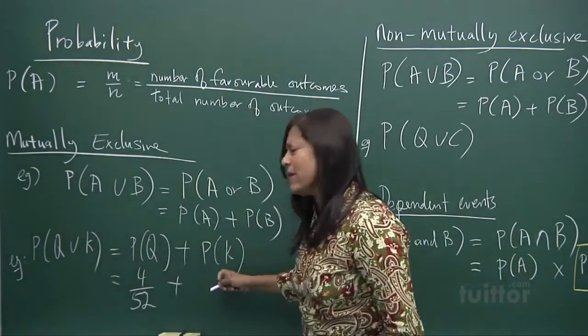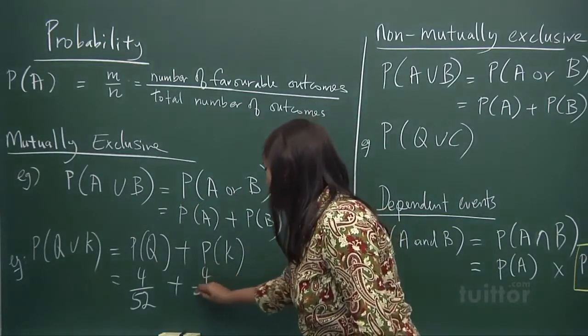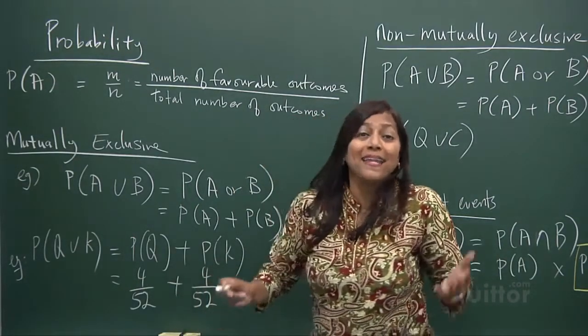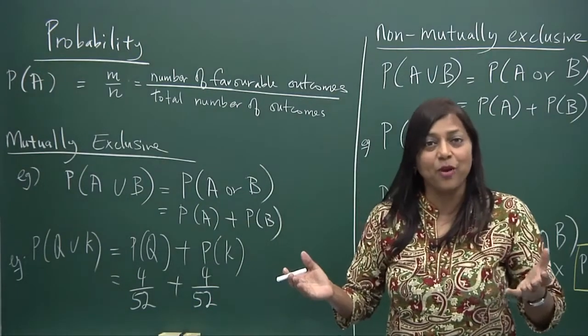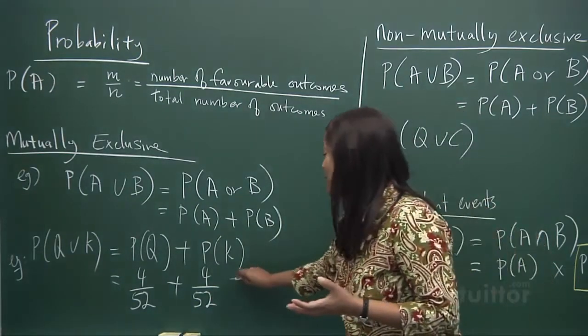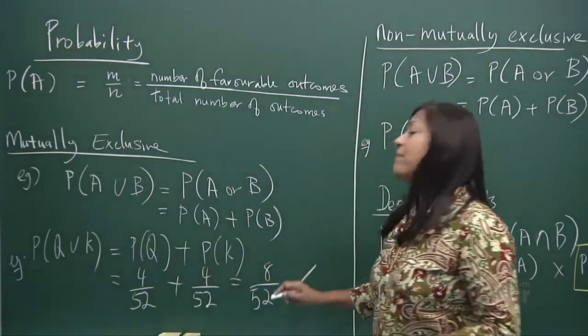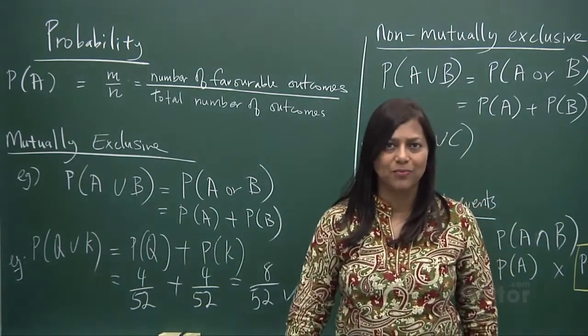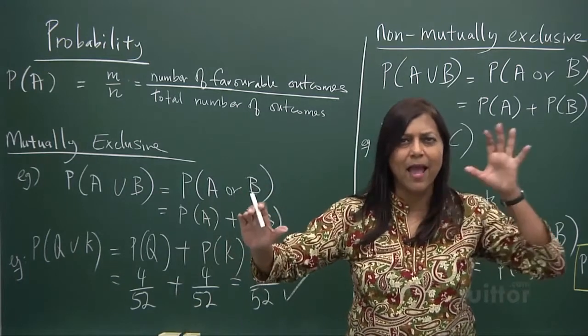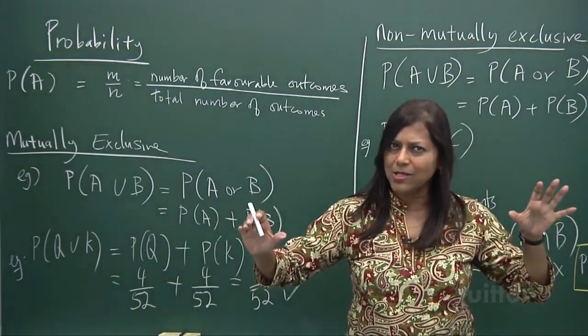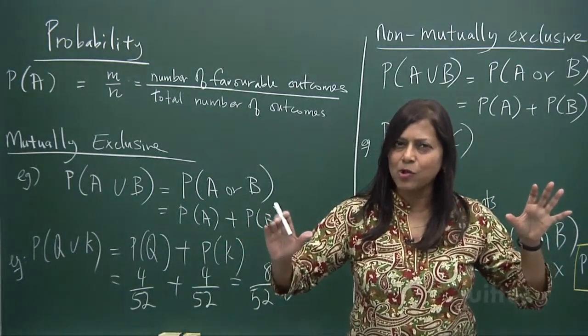Or, for king, there are 4 kings out of 52 cards. Add them up together, and you've got 8 out of 52. That's what it means. Mutually exclusive. A king and a queen. Do you see that? Alright, mutually exclusive.